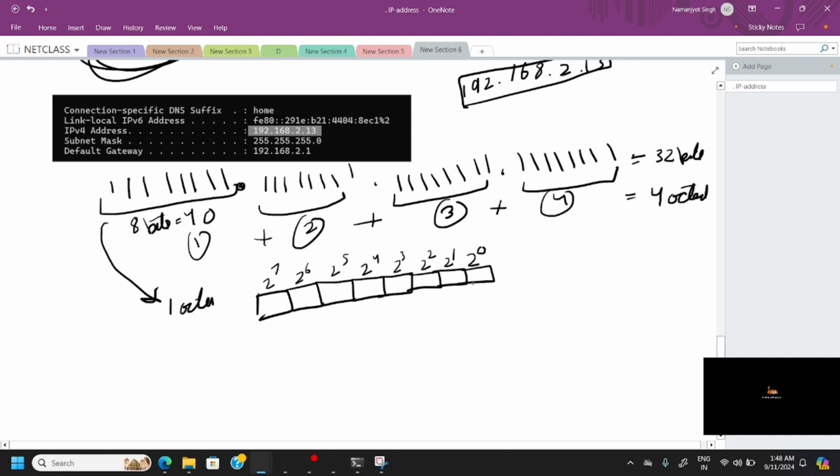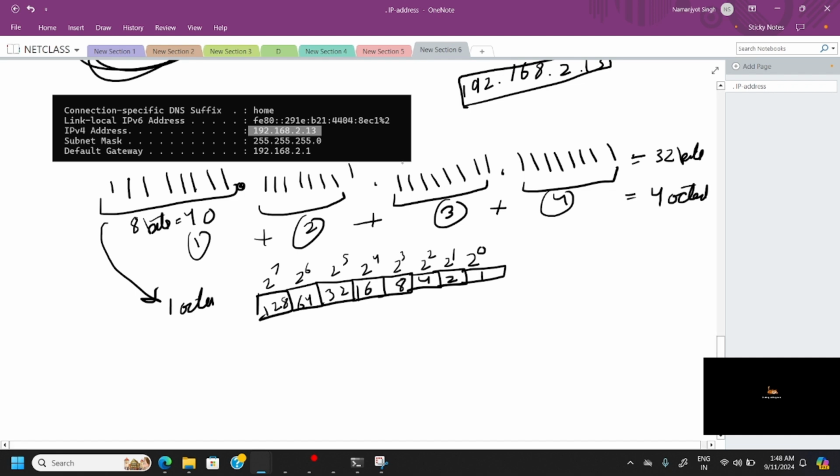If there is 0, 0, 0, 0, 0, 0, 0, 1, the value would be 1. Let's say this is 2, this is 1. So the values are 1, 2, 4, 8, 16, 32, 64, 128.